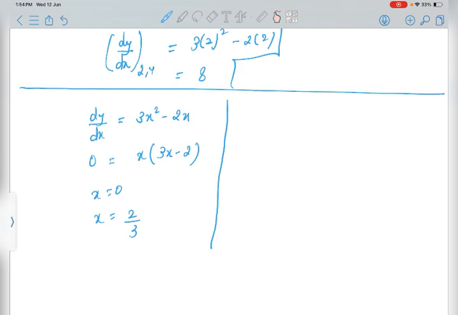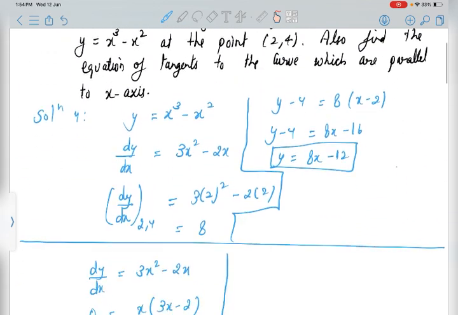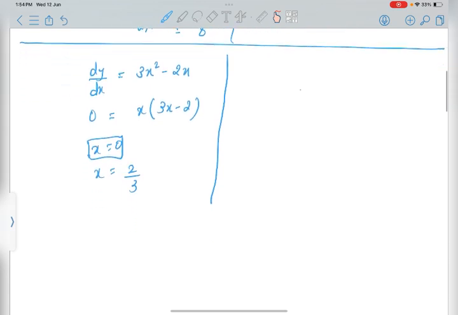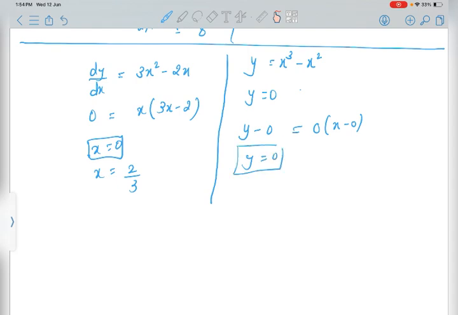When I substitute x equals 0 in the main function y equals x cube minus x square, it gives y as 0. So we can apply y minus y1 which is 0, slope 0, x minus 0, so it will give y equals 0, means x-axis.